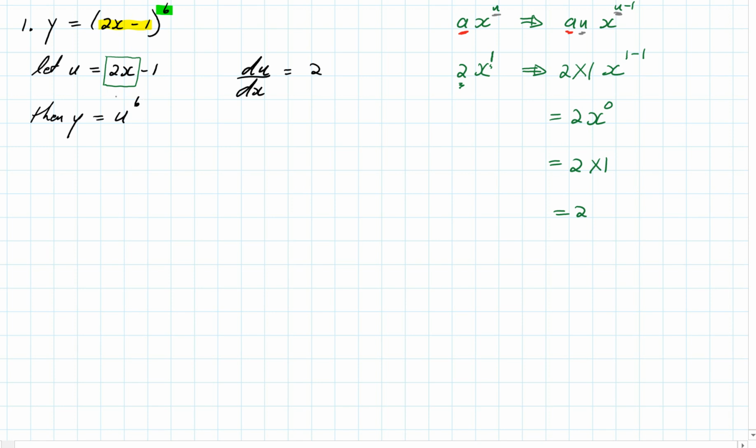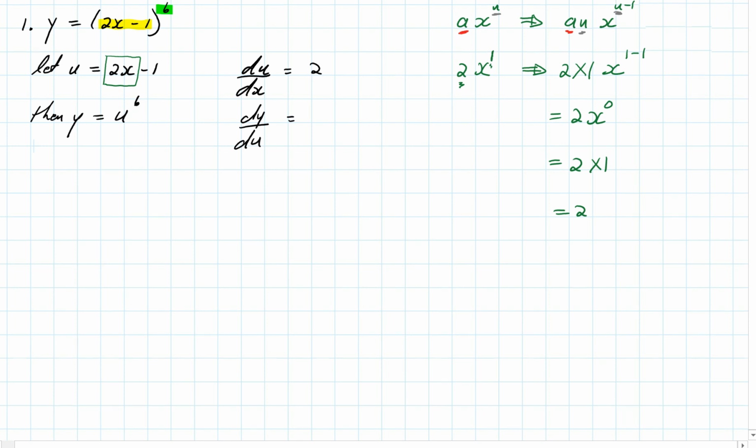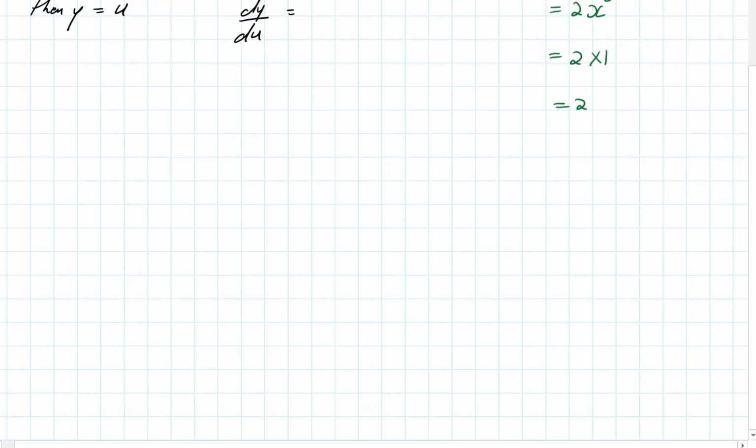Now we take the derivative of y with respect to u, because we now have y and u. And this u, you can just imagine it's x on your sheet. Your sheet says x to the power of n.